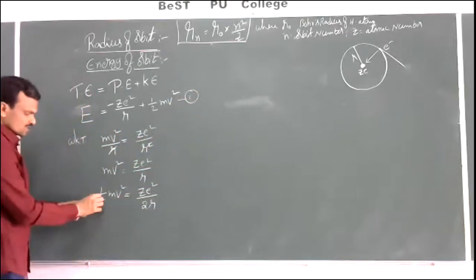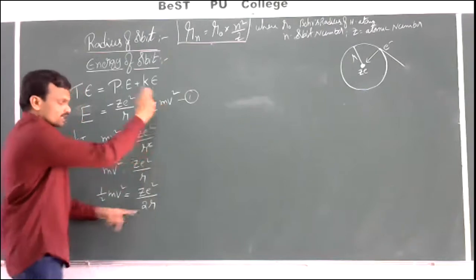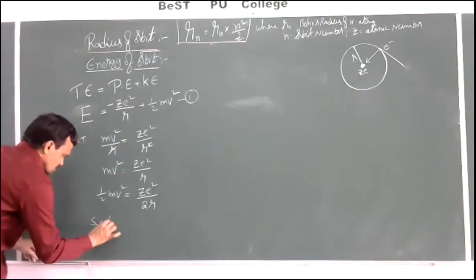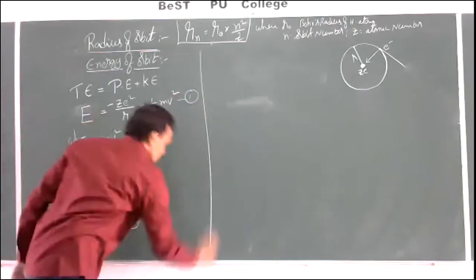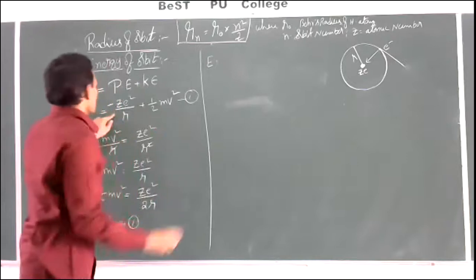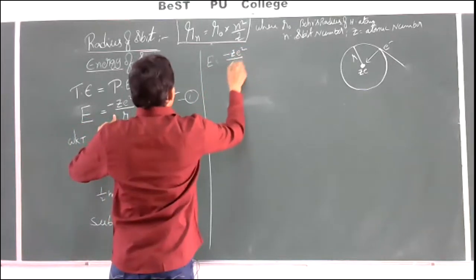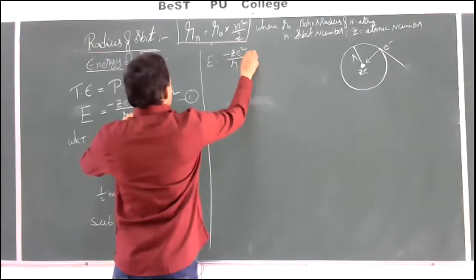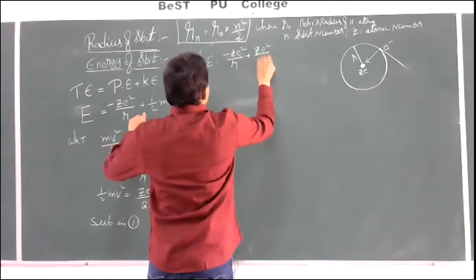Now substitute this half mv square is equal to Ze square by 2r in equation 1. Then what will you get here? Then energy E is equal to minus Ze square by r plus Ze square by 2r.